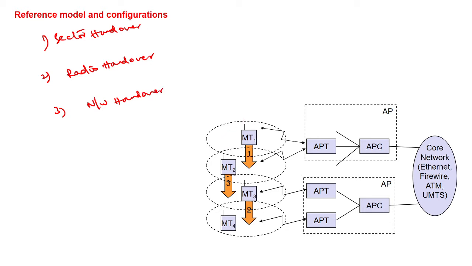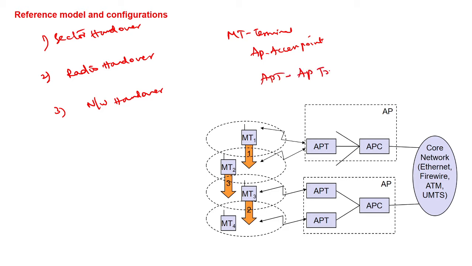MT stands for mobile terminal. Here the mobile terminal is connected and attached with respect to the AP. AP stands for access point. APT stands for access point terminal or access point transceivers.